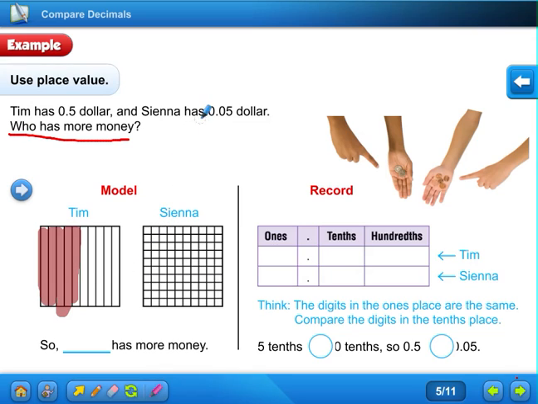Serena has 5/100. This is broken into hundreds, so we need to color 5 of those. So who has more money? Tim has more money.